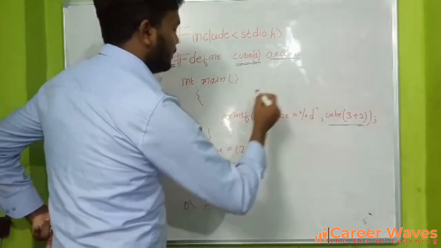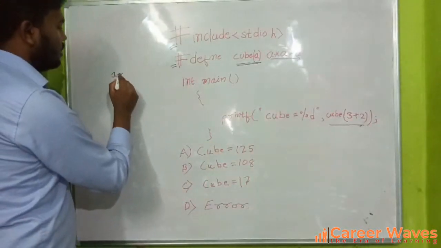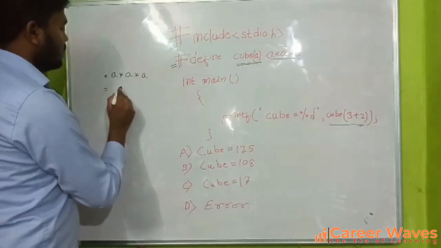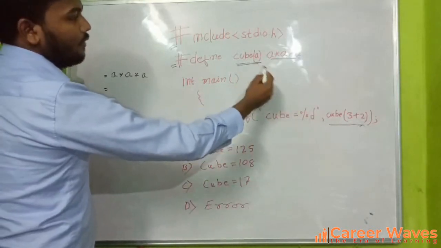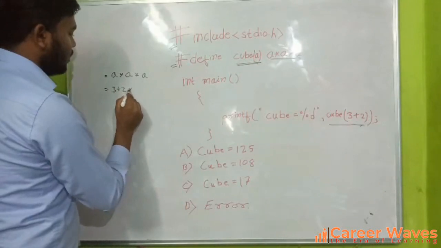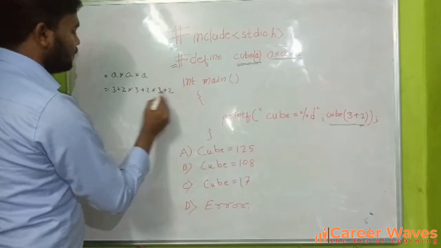Let us see here, AAA is there. So the argument for every A is 3 plus 2. So 3 plus 2 into 3 plus 2 into 3 plus 2.